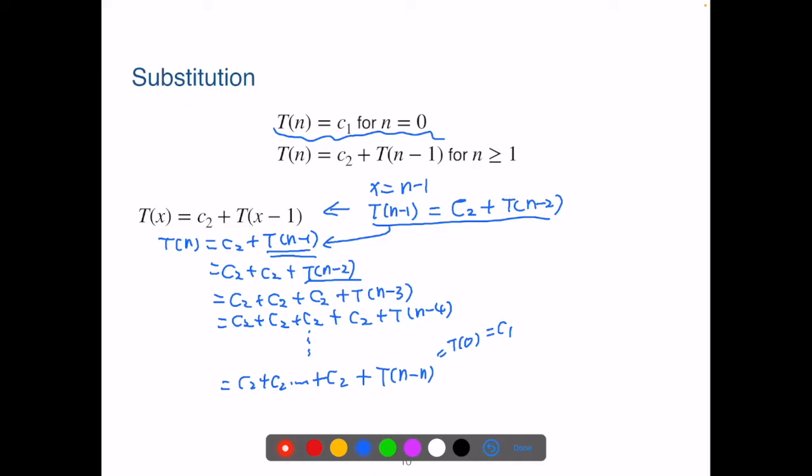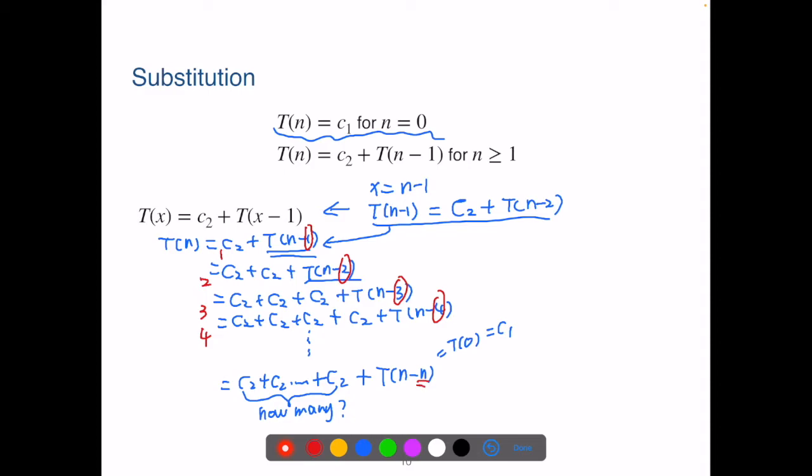So now the question is, how many C2s do we have? Let's see the pattern here. When we have Tn minus 1, we have 1 C2. When we have Tn minus 2, we have 2 C2. When we have Tn minus 3, we have 3 C2. With Tn minus 4, we have 4 C2.